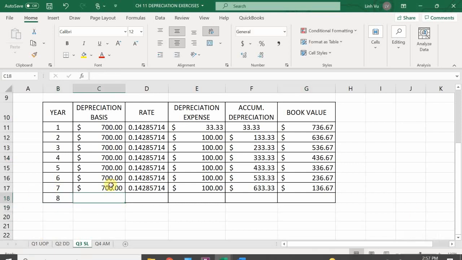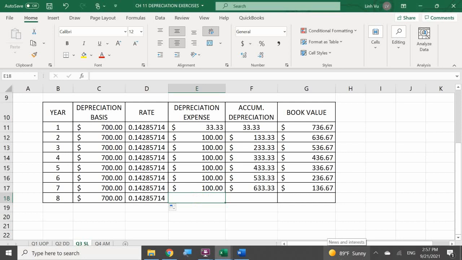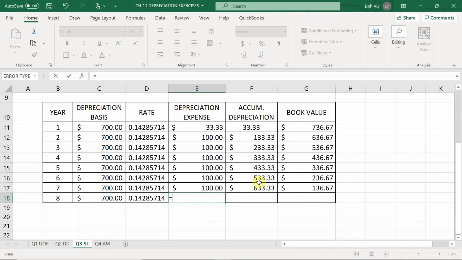You still get the same number, 700 here, and you still get this 1/7 rate. But this time, instead of being 100, it's going to be 700 times the rate times 8 divided by 12, because it already used its first 4 months.